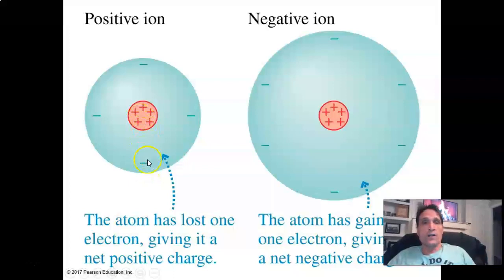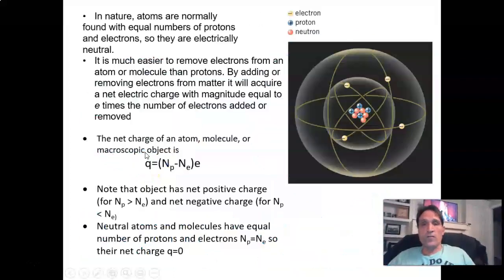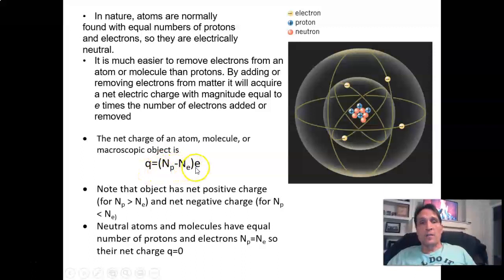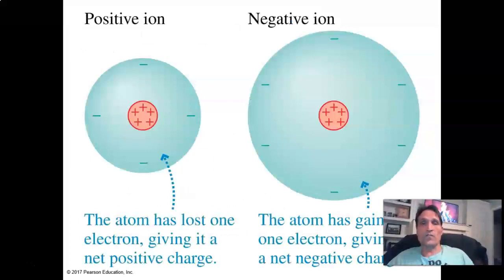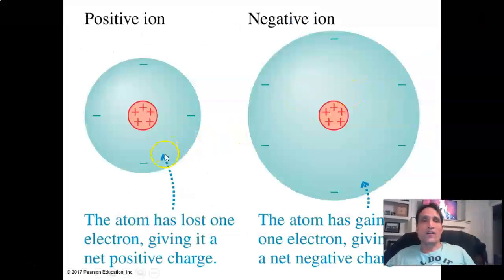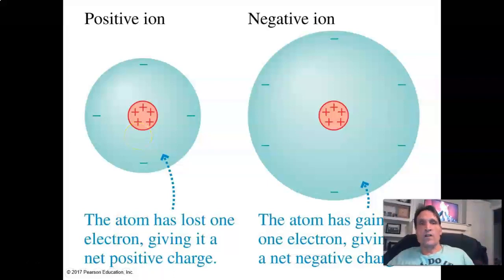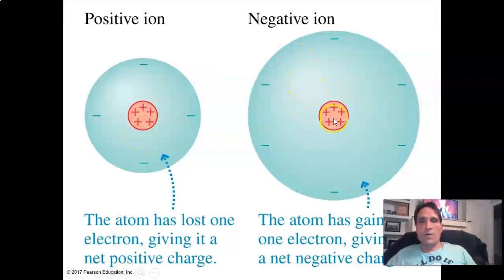So 5 protons, 4 electrons, 5 minus 4 is 1, plus 1, and this ion has a charge of 1 e, which is plus 1 times 1.6 times 10 to the negative 19 coulombs. Now that's what's called a positive ion. It has a net charge of 1 times the charge of an electron. So here is boron again, but here we add an electron to it.